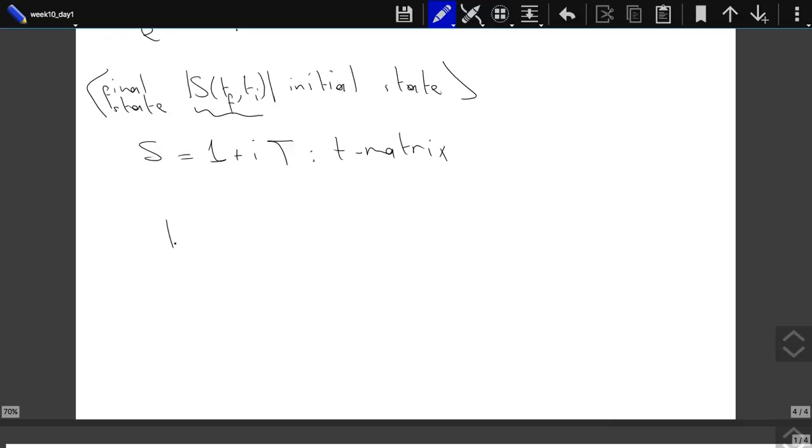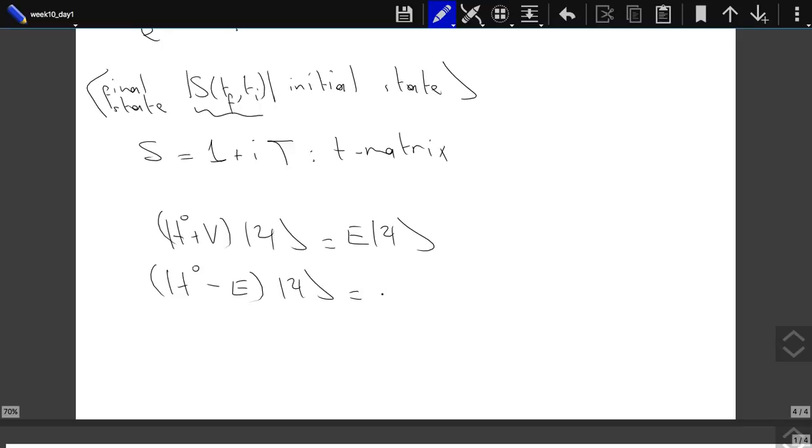So this is what we are trying to solve: H0 plus V acting on psi is equal to E psi. We say H0 minus E acting on psi should be equal to minus V psi. Or we can write psi as psi 0 plus 1 over E minus H0 times V psi.